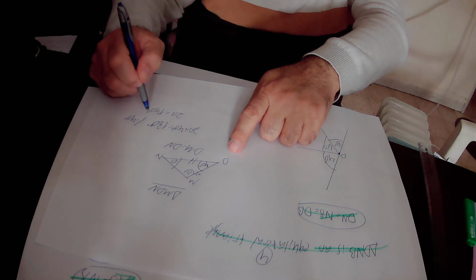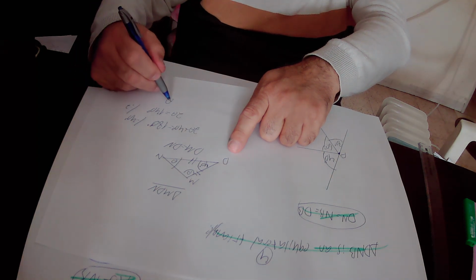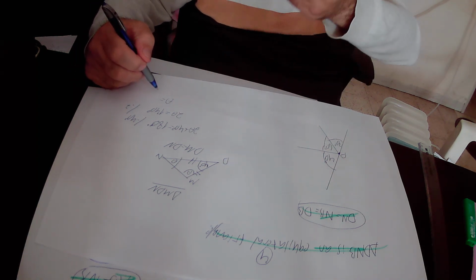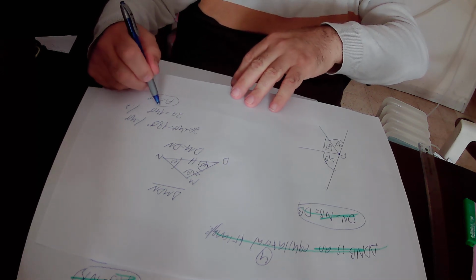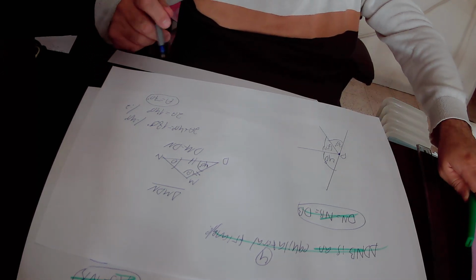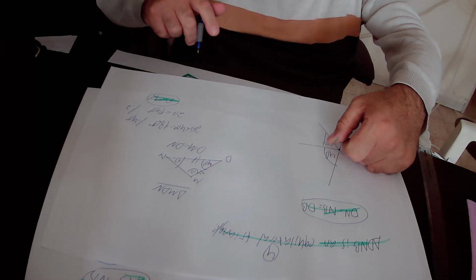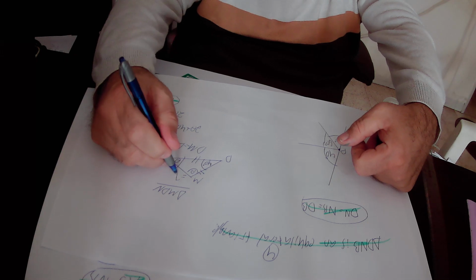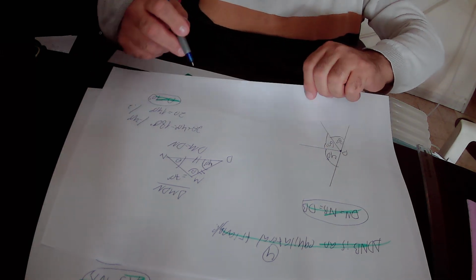We divide by 2, and angle theta equals 140 over 2, which is 70 degrees. That is to say, angle DMN equals 70 degrees.